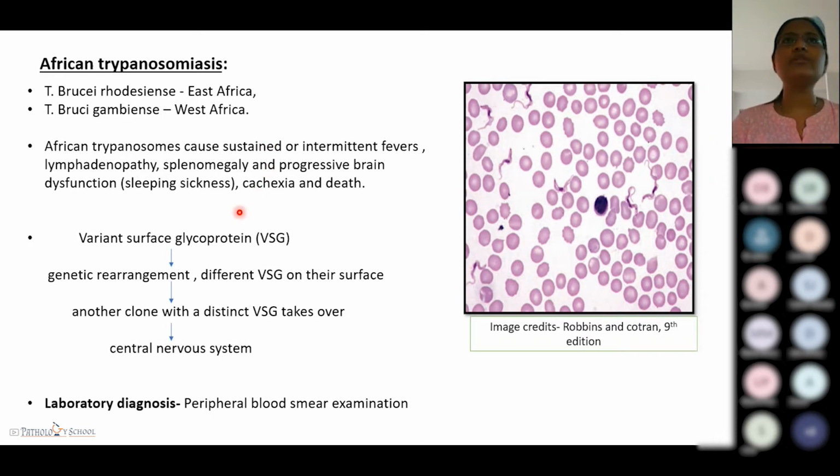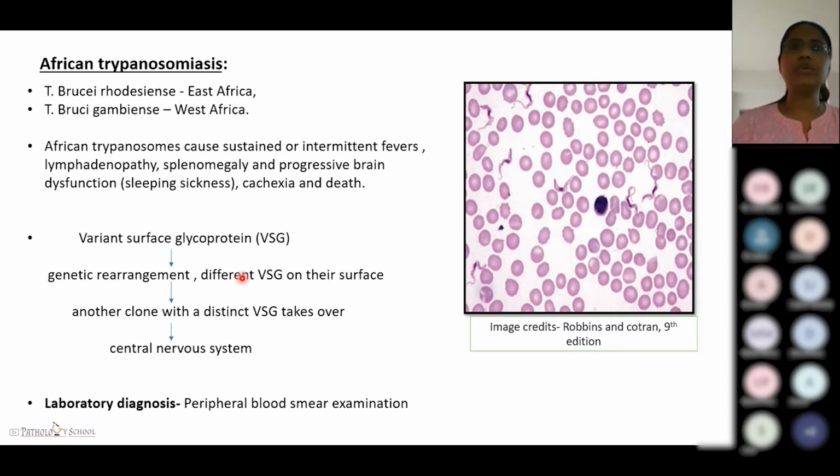It has a unique mechanism of pathogenesis because trypomastigotes of these African trypanosomes are covered by variant surface glycoproteins, against which the host produces antibodies. But some of these trypomastigotes escape that immune response. They undergo genetic rearrangement and produce a different clone of variant surface glycoprotein on their surface. Then the host produces a different set of antibodies to that newer clone.